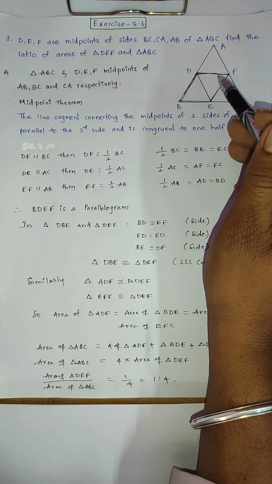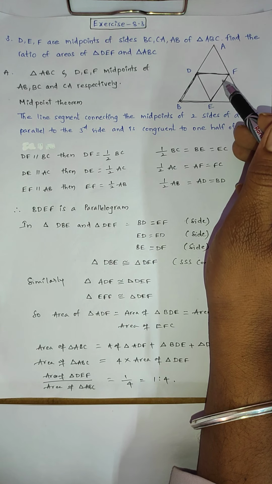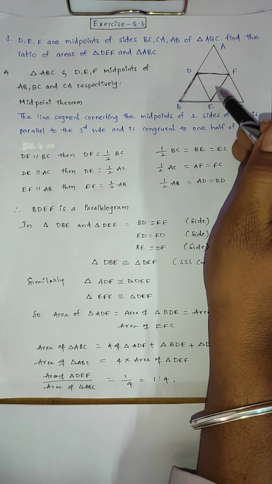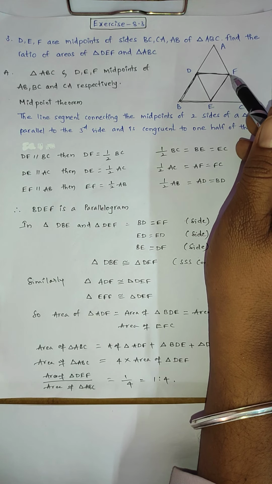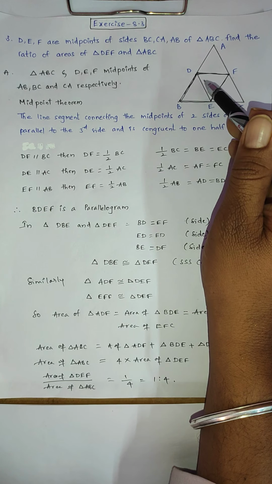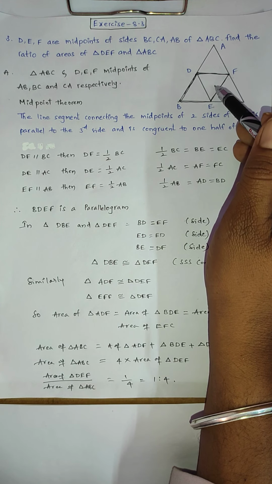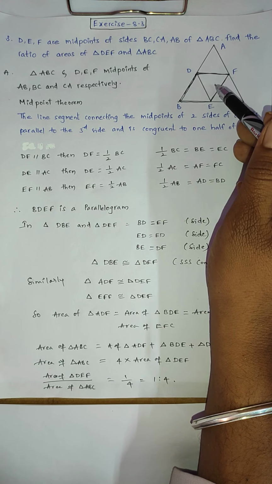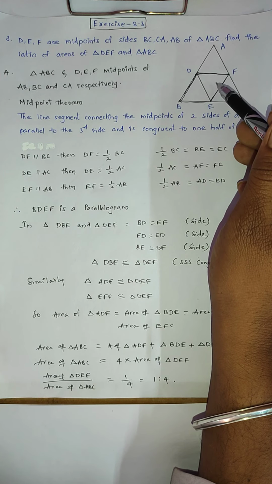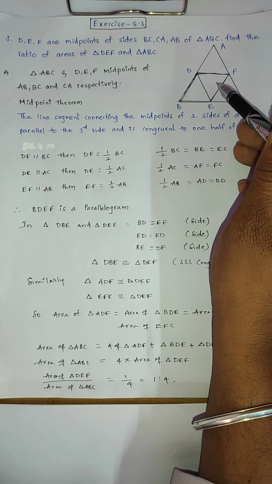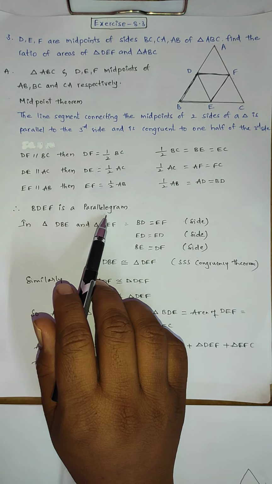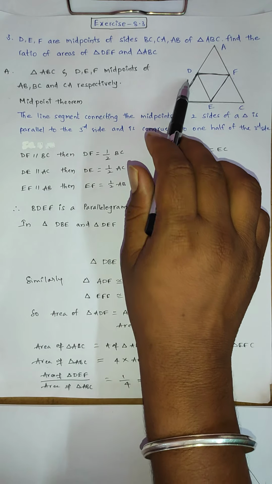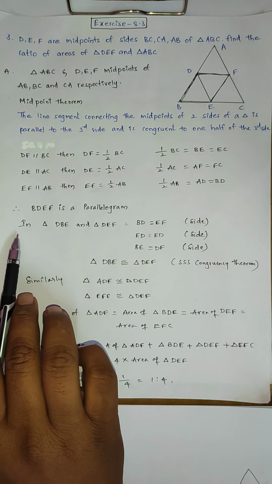With this parallelogram property, we can confirm that DEF is congruent to BDE. These 2 triangles are congruent to each other with the side theorem or criteria. Understood? BDEF is a parallelogram.